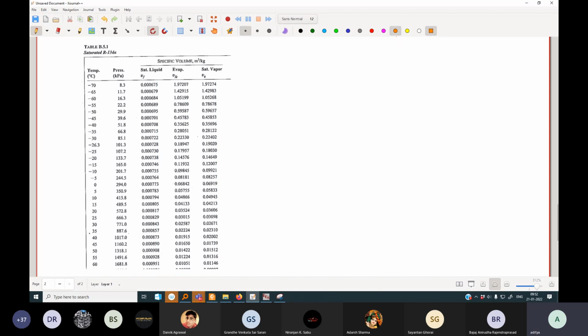Just mark it over here. R134A, 50 degrees Celsius: saturation pressure is this, specific volume is this, and the rest you know how to do.